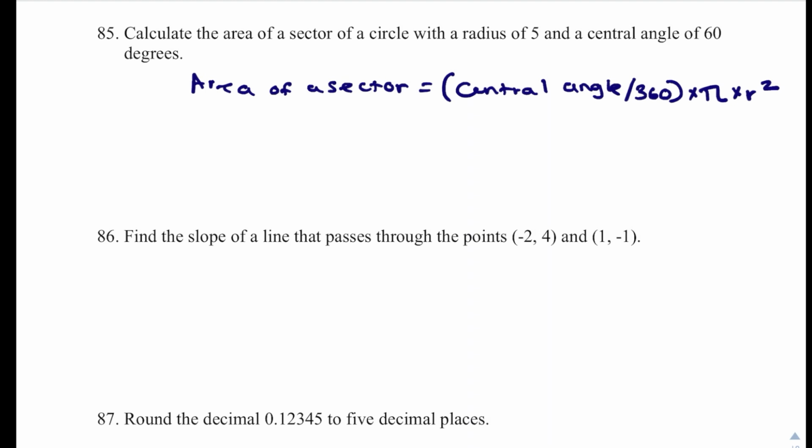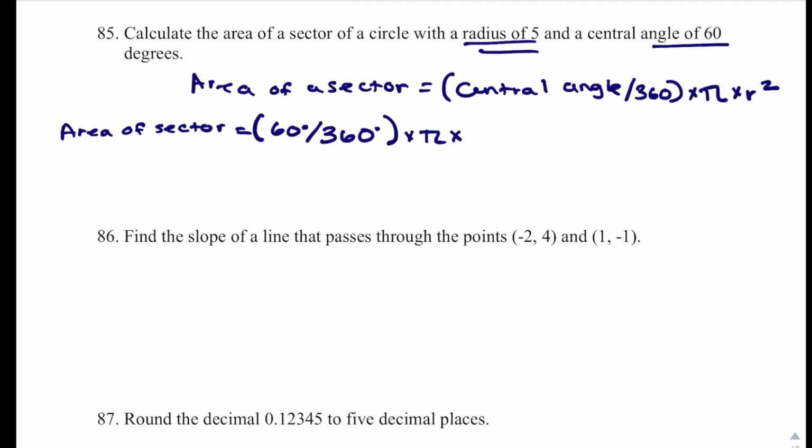So then we're just going to plug it in. So area of a sector equals, so we have the angle of 60, so the central angle is 60 degrees, divided by 360 degrees, times pi times our radius is 5, so 5 squared.